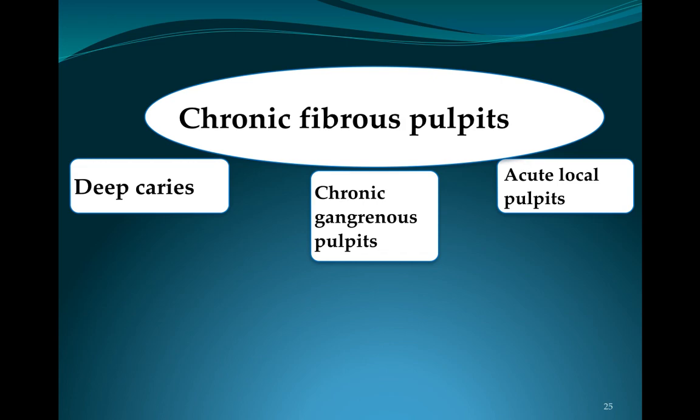Chronic fibrous pulpitis. Chronic fibrous pulpitis we should differentiate from deep caries, chronic gangrenous pulpitis, and acute local pulpitis. From deep caries, we should differentiate because on deep caries or chronic fibrous pulpitis, the tooth reacts to hot and cold irritants.